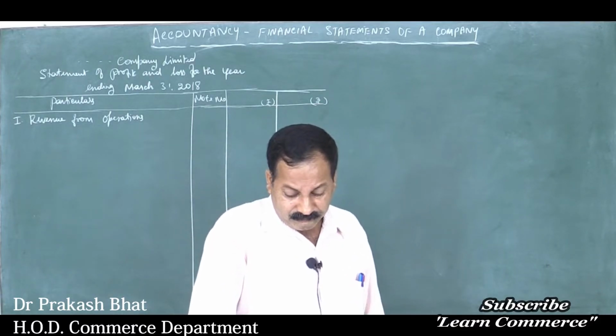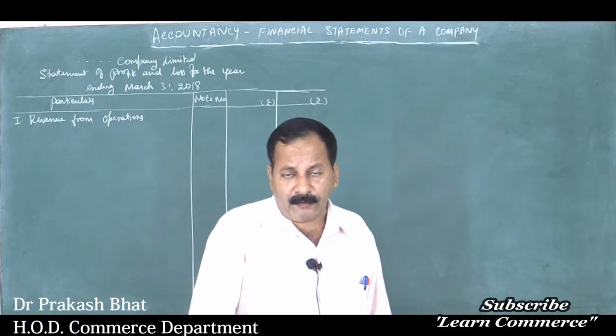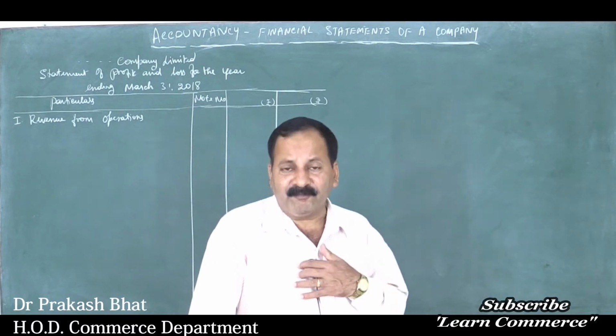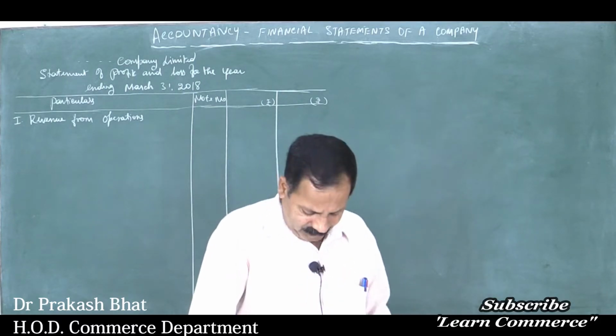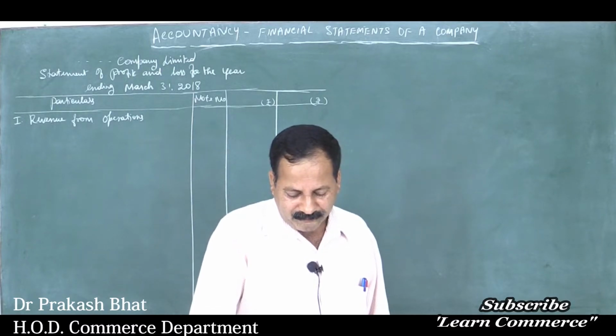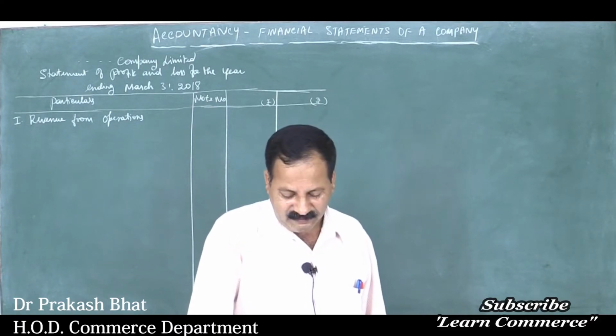Then sales, that is revenue from operations, first item, correct? The net purchases, cost of materials consumed, then wages and salaries, no doubt, employee benefit expenses, correct?